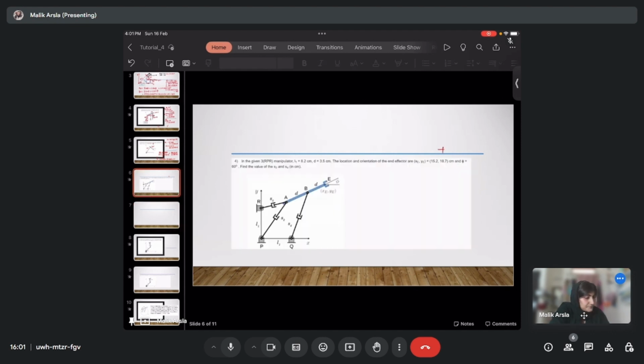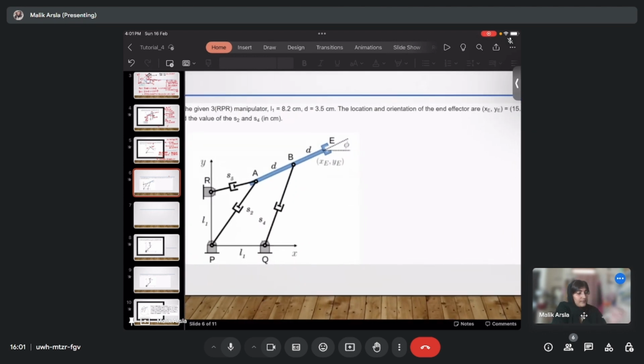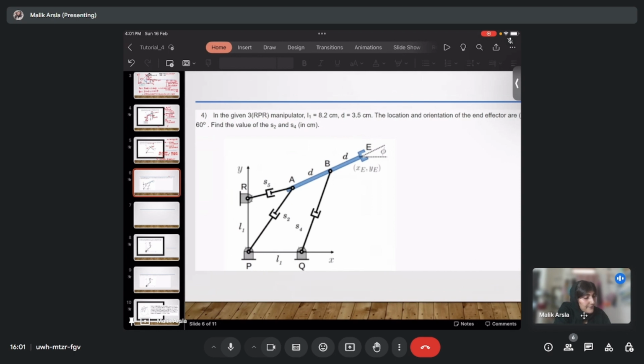Now we have been given that this length is equal to 8.2, and this length is also equal to 8.2 because both the lengths are the same.